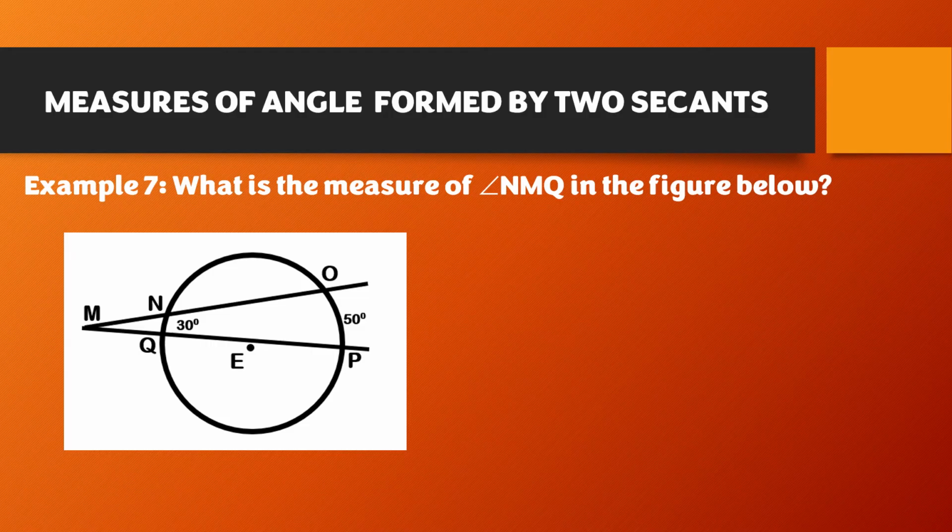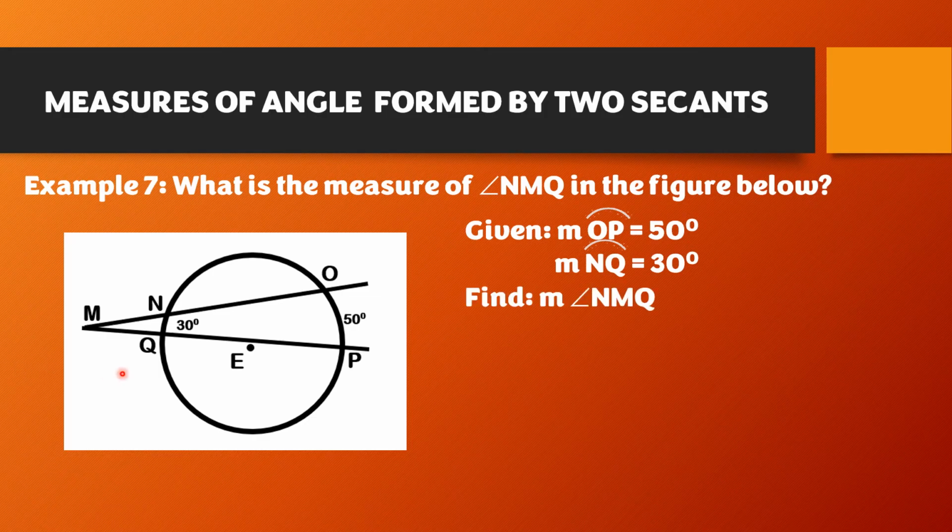So in the given figure, we have circle E, and line MO and line MP are the two secants of circle E. For the given, the measure of arc OP is 50 degrees, and the measure of arc NQ is 30 degrees. So we're going to find the measure of angle NMQ.